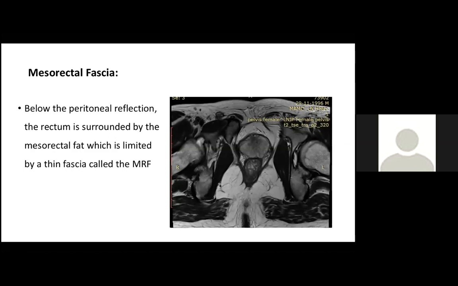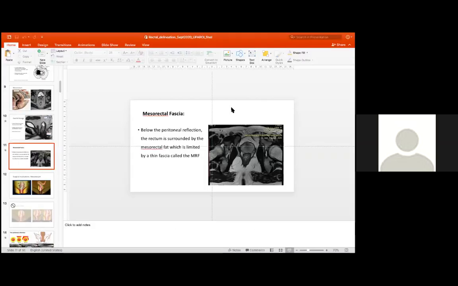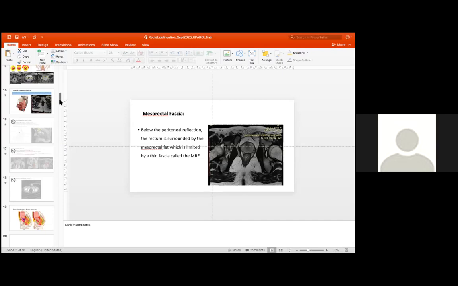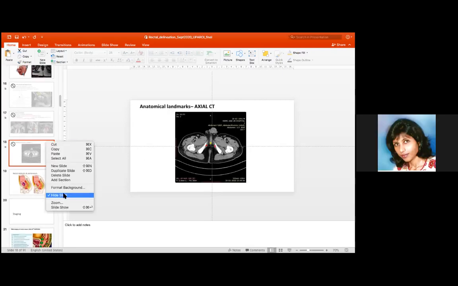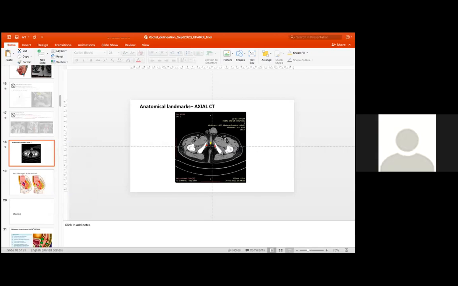Okay, so I have an MRI, but I also have a CT. Let me show you on a CT scan as well. I had the CT, but I didn't play through it because it was taking too much time.